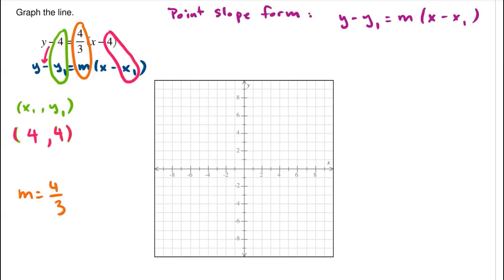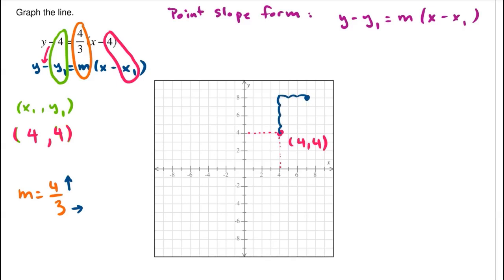So all we have to do is find the point: 4 on x and up 4. So that point is going to be right here, 4, 4. And we use the pattern to graph the line. So 4 over 3, you go up 4, you run 3. So from that point, you go up 4, 1, 2, 3, 4, and run 3, 1, 2, 3.